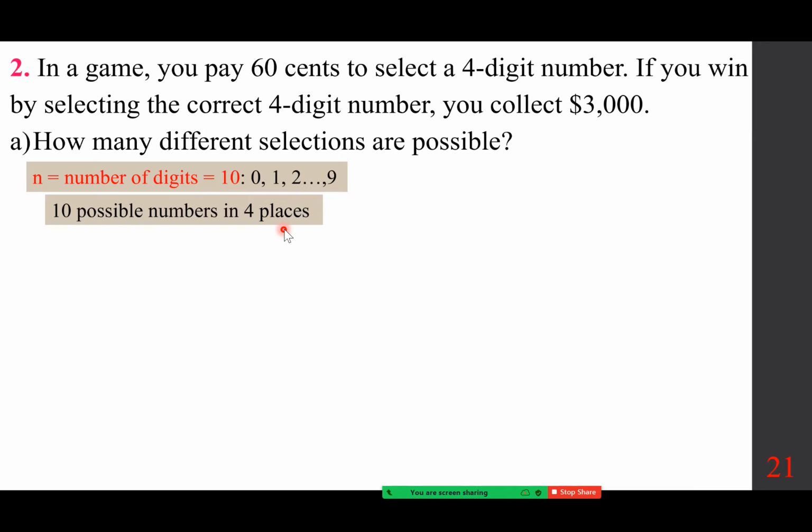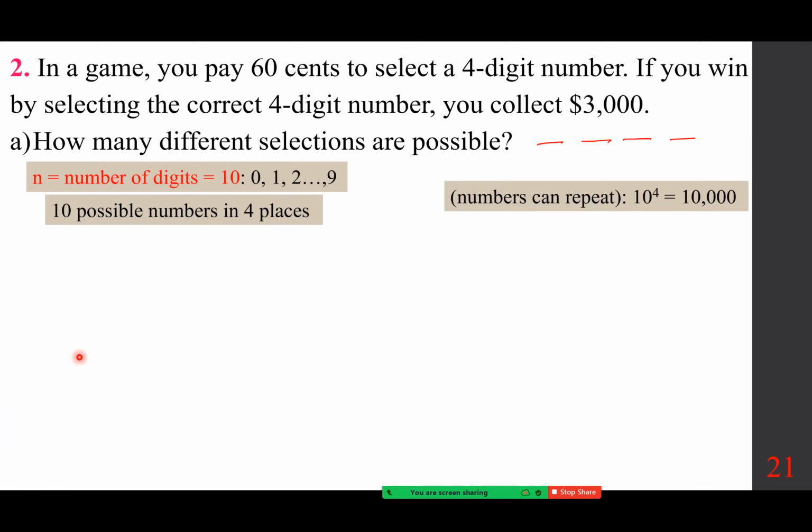We can repeat the numbers. There is no restriction. We can multiply 10 by 10 4 times, or it becomes 10 to the power of 4 equals 10,000. So there are 10,000 possible outcomes.